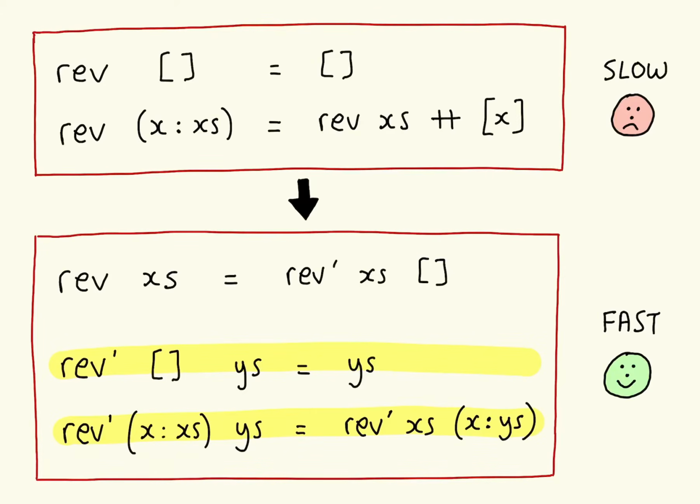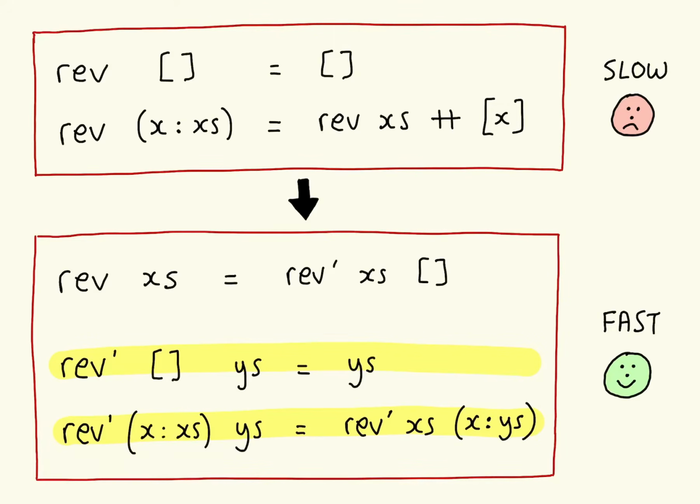What we did is we specified the desired behavior of the rev prime function using an equational property. And then we used that equational property together with the process of constructive induction to actually calculate, in an entirely systematic manner, the two-line recursive definition for the rev prime function.